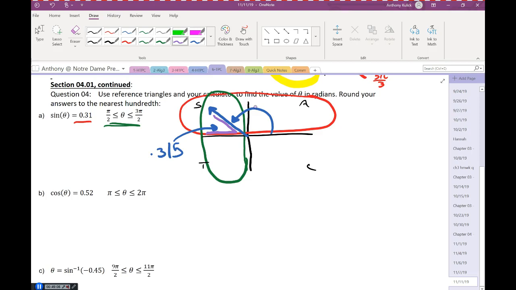Whether the calculator has given me a positive or negative, I don't care. Just the positive is all I care about. I don't care where it is in standard position. What it's telling me is the angle between the terminal side of my answer and the x-axis.